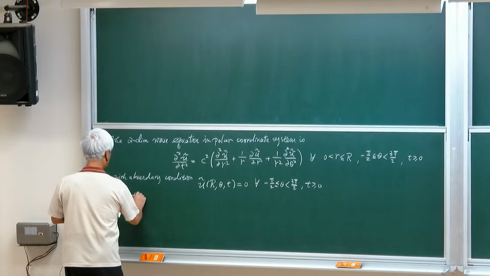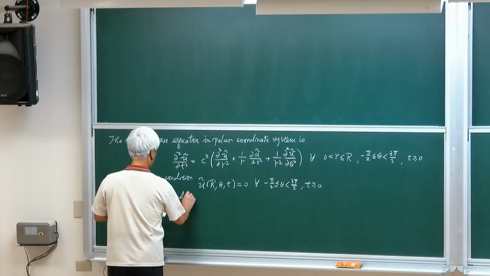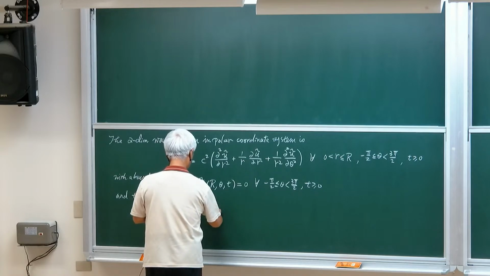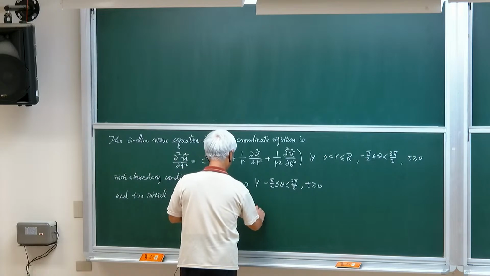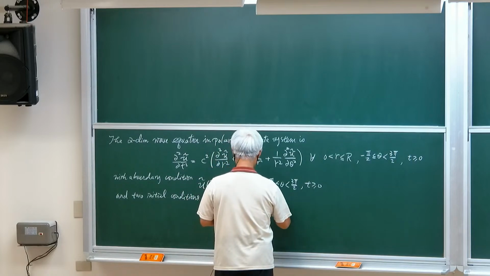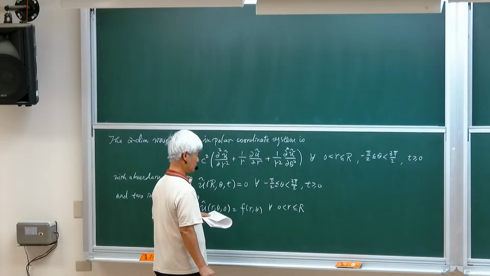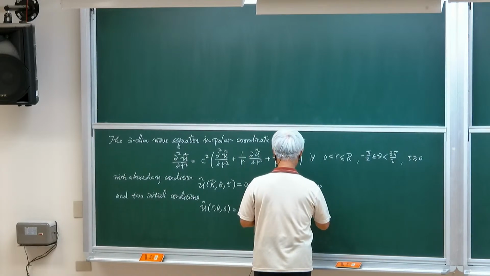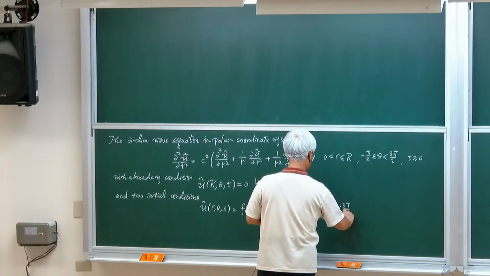And two initial conditions. So u(r, theta, 0) is equal to f(r, theta), for all r between 0 and capital R, and theta in this interval.